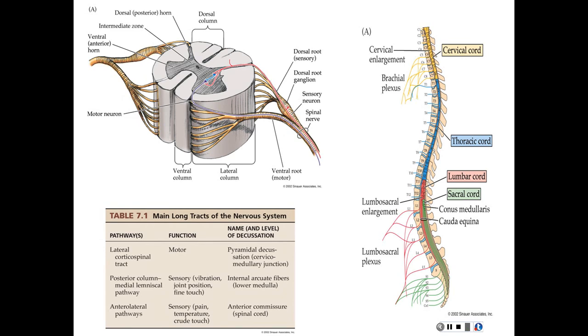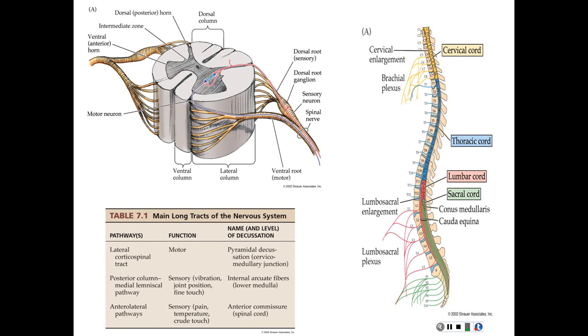And then posterior column medial lemniscus is all about joint positioning, fine touch. Not so much vibration. You're going to test vibration, but people aren't going to come in and complain about an absence of perceiving vibration. But certainly an inability to perceive fine touch or joint positioning, not knowing where their limbs are in space. And then the anterolateral pathway is all about the really important things like pain and temperature.